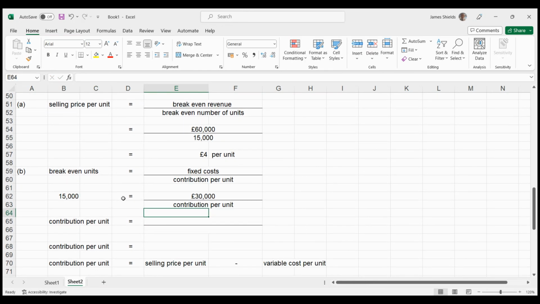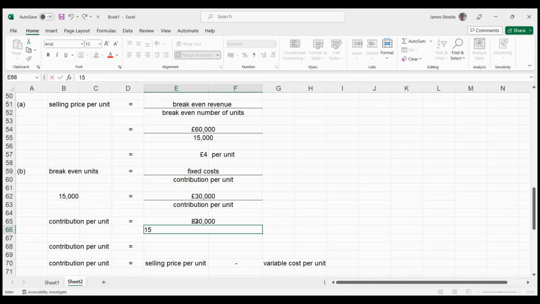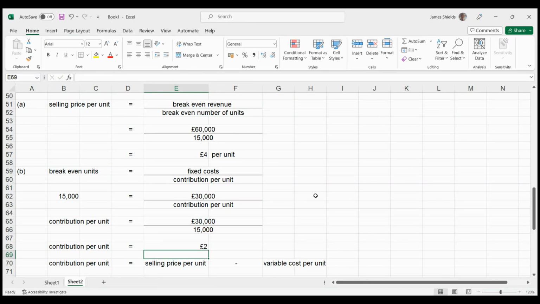Now, if I rearrange this, basically this is a maths rearranging formula, or changing the subject, the contribution per unit then is going to be the £30,000 divided by the 15,000 number of units. And 30,000 divided by 15,000 will give us £2 per unit.